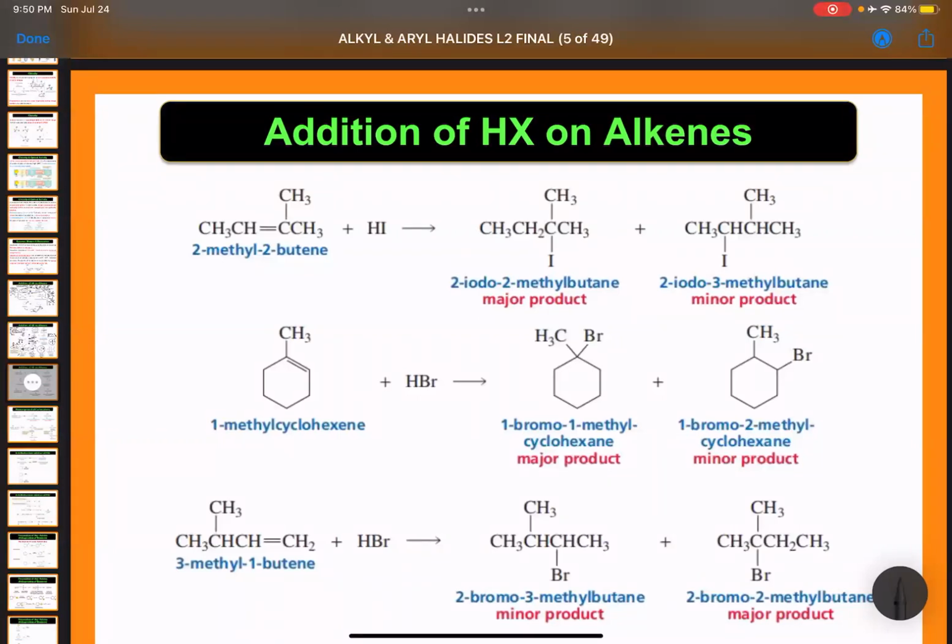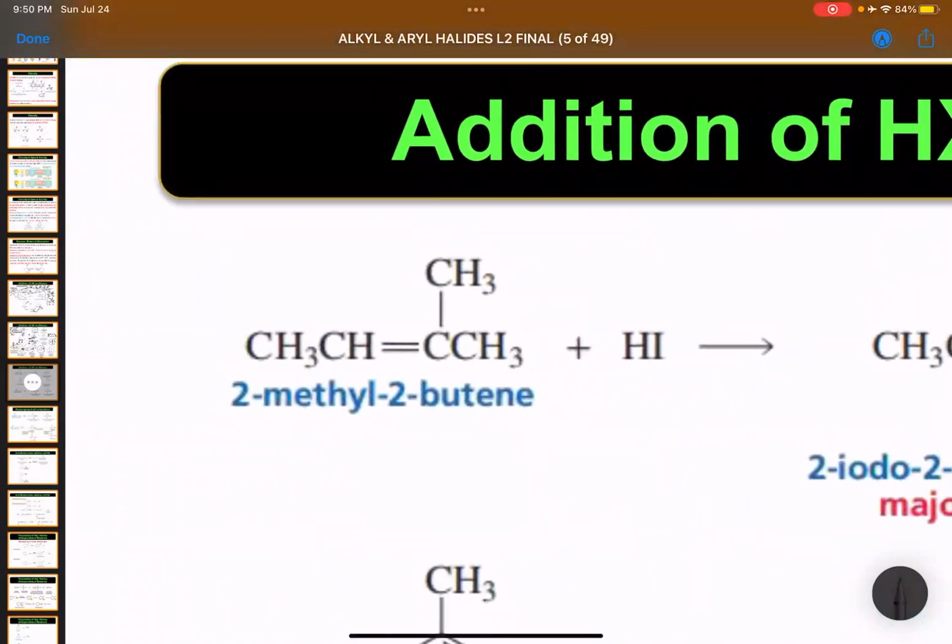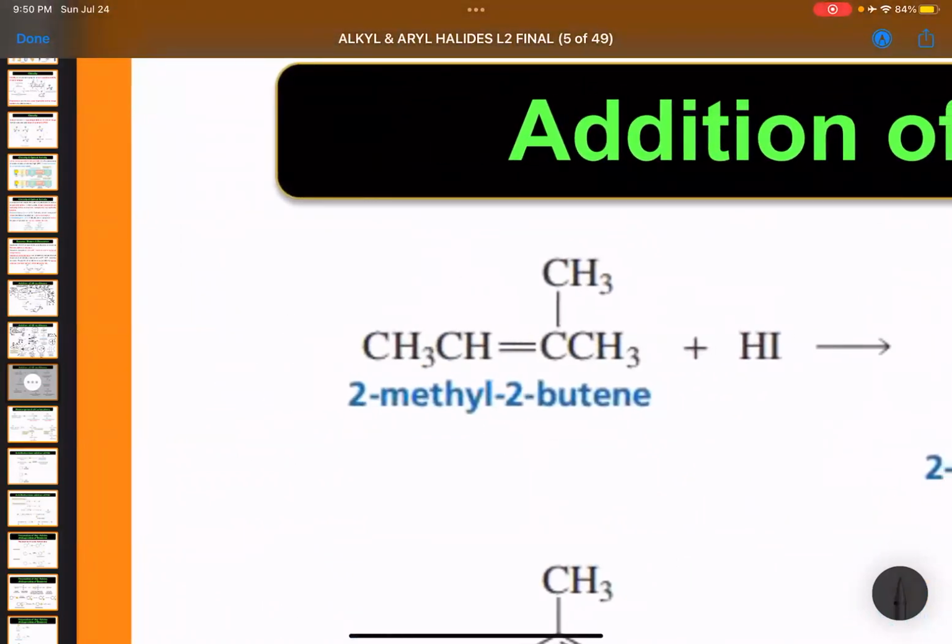Okay, so now this question. What is the major product? What is the IUPAC name of the major product found when HI is added to 2-methylbutene? That you need to know. What is the IUPAC name? Tell me.